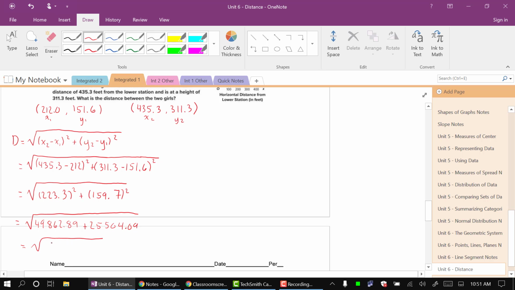That gives me 75,366.98. And when I take the square root of that, I get about 274.5. So they are 274.5 feet apart.